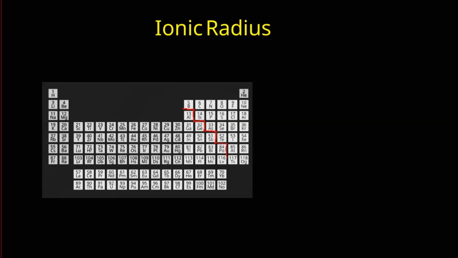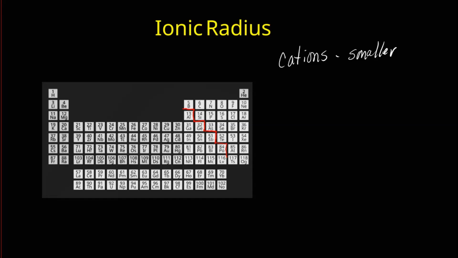Cations will always be smaller than their neutral atom because electrons are lost, so the remaining electrons are pulled more tightly, or closer, to the nucleus.